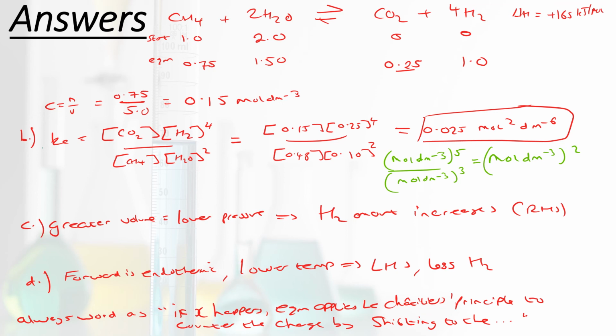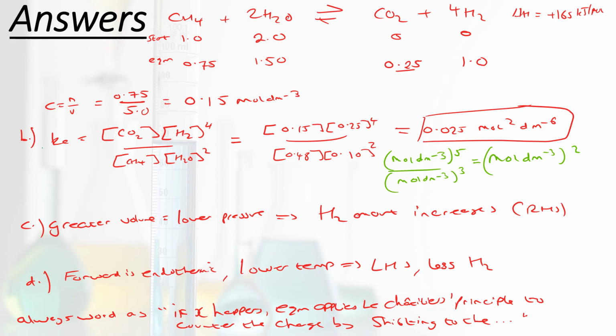It will want to increase the pressure, and we have to look at the moles of gas on either side. Increasing the pressure means it's going to move to the side that has more moles of gas, and this is the right-hand side because we have 5 moles of gas compared to 3 on the left-hand side. So a greater volume, same as a lower pressure, and then using Le Chatelier's principle, we can work out that the equilibrium shifts in the forward direction to produce more hydrogen.